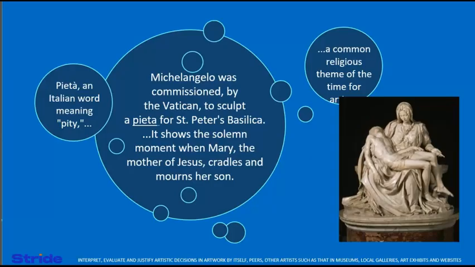Let's do a quick review over the Renaissance. This is the Pietà. Michelangelo was commissioned by the Vatican to sculpt a Pietà for St. Peter's Basilica. It shows the solemn moment when Mary, the mother of Jesus, cradles and mourns her son.